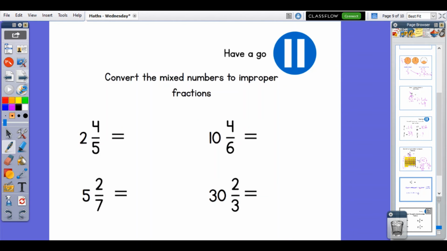I want you to have a go at these ones now. 2 and 4 fifths, 5 and 2 sevenths, 10 and 4 sixths, and 30 and 2 thirds. Have a go at those, please.